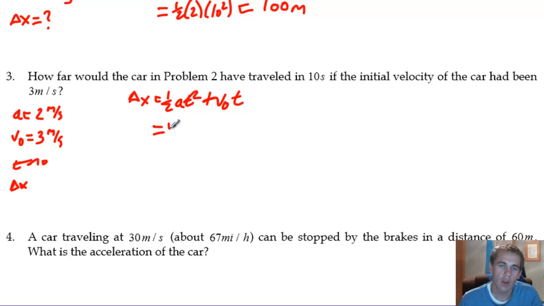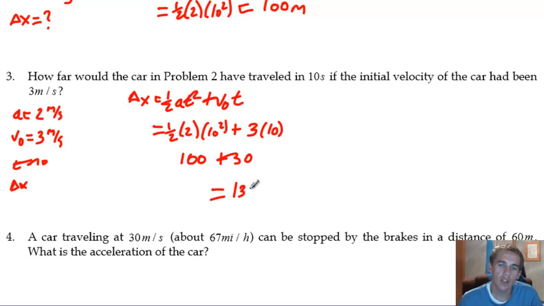So this equals 1/2 times 2 times 10 squared plus 3 times 10. This is still 100 meters plus 30. So this is like the original 30 I would have gone if I'd never accelerated, plus the 100 more I did go. So this is 130 meters total.